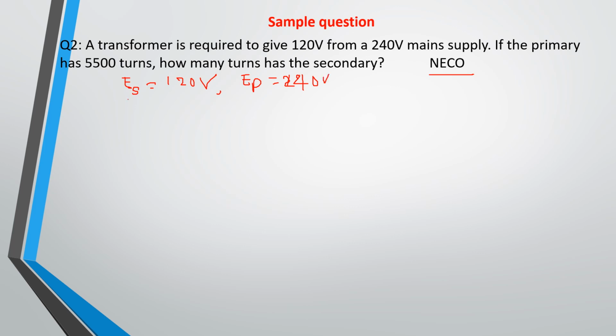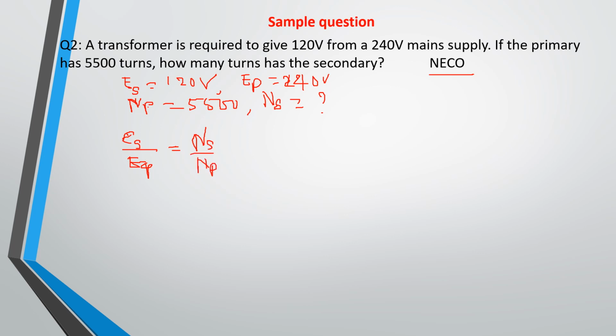Then they are giving that if the primary has 5,500 turns, so NP is equal to 5,500 turns. They ask how many turns has the secondary, so NS is what we don't know. Using our equation, we'll say ES over EP is equal to NS over NP.